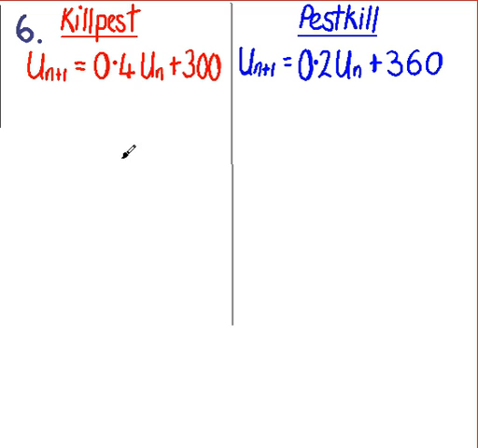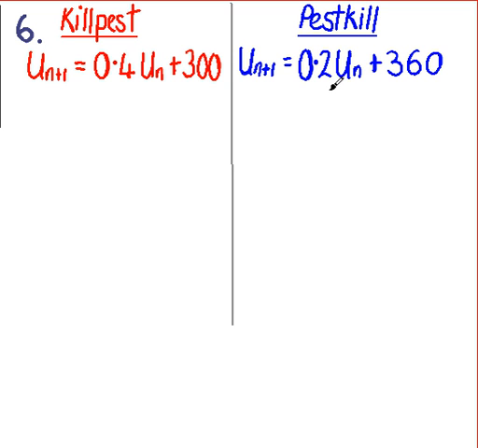So looking at the first one, our multiplier here is 0.4. Now that does lie between -1 and 1, the conditions for a limit. So this situation does have a limit. Again, our multiplier 0.2 lies between -1 and 1. So we also have a limit for this situation also.